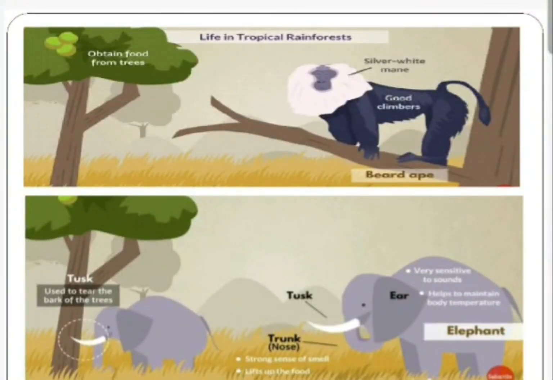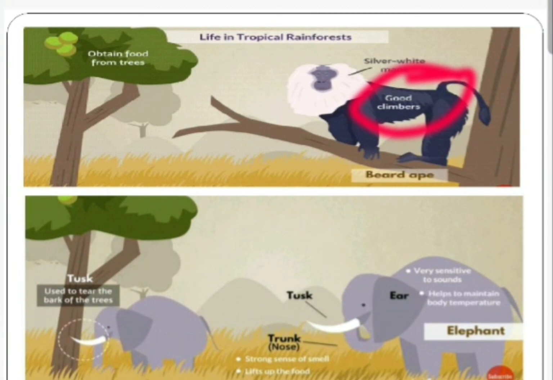The bearded ape lives in the rainforests of the Western Ghats. Its most outstanding feature is the silver white mane, which surrounds the head from the cheeks down to its chin. It is a good climber and spends a major part of its life on the trees.